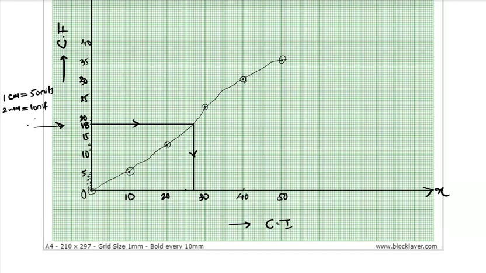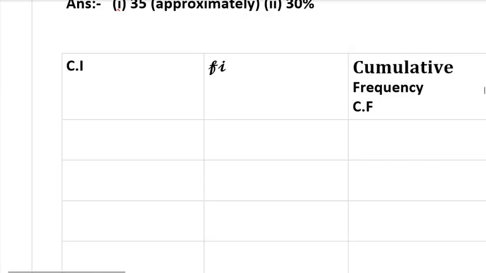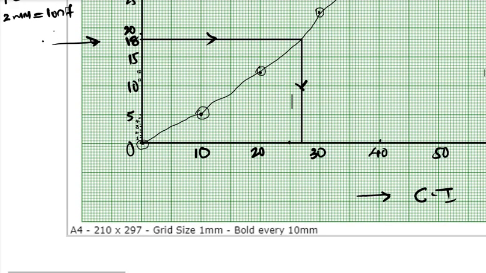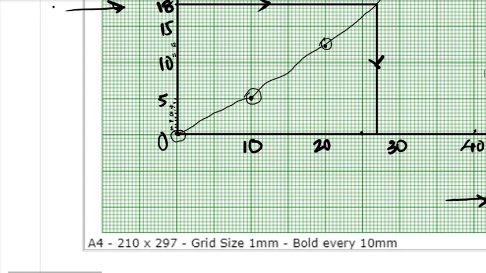Now you have to find the value of the point over here. What is this point? I can zoom in to make you see this point. Zoom in further. Now it's clearly visible. This is 20, this is 25.